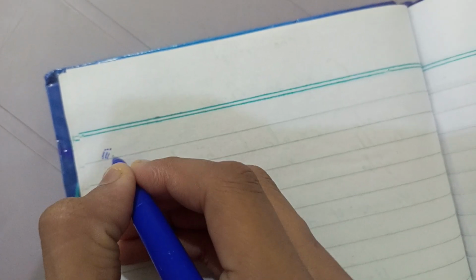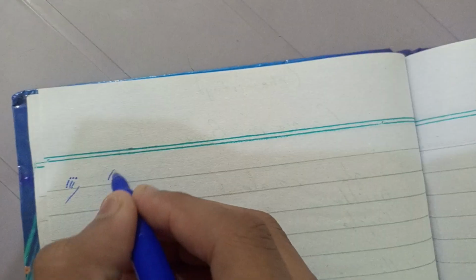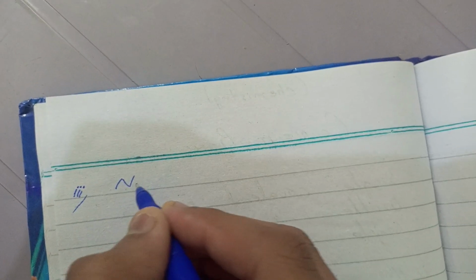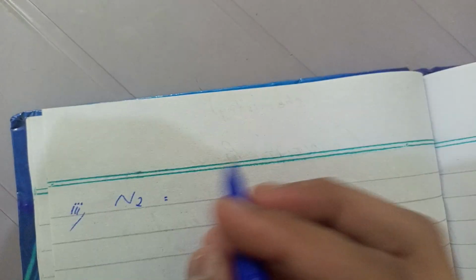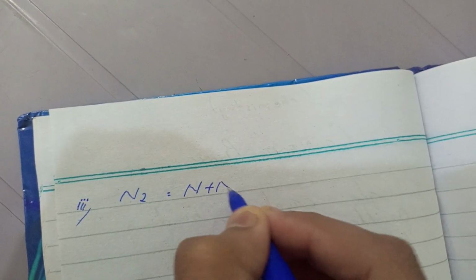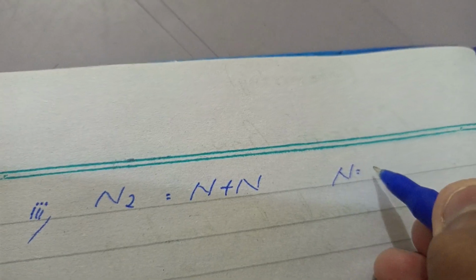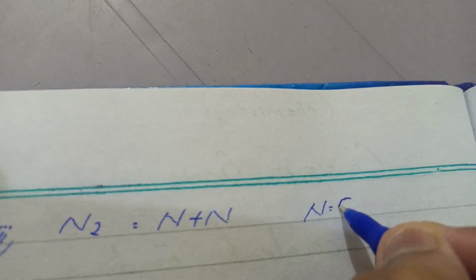Let's talk about the triple covalent bond, which happens in N2. For that you make N plus N, and in the last valence shell N has only 5 electrons.